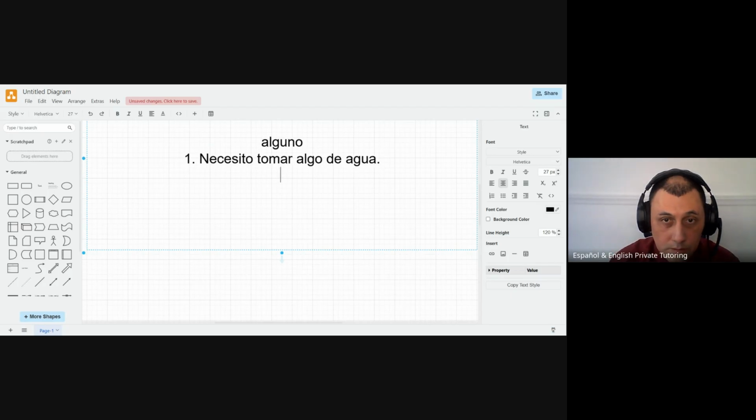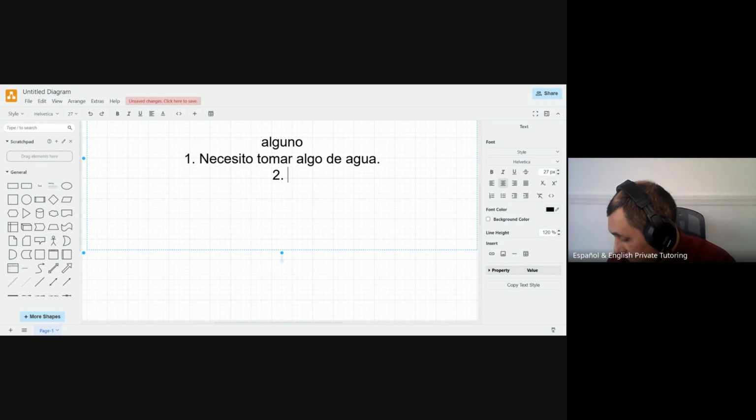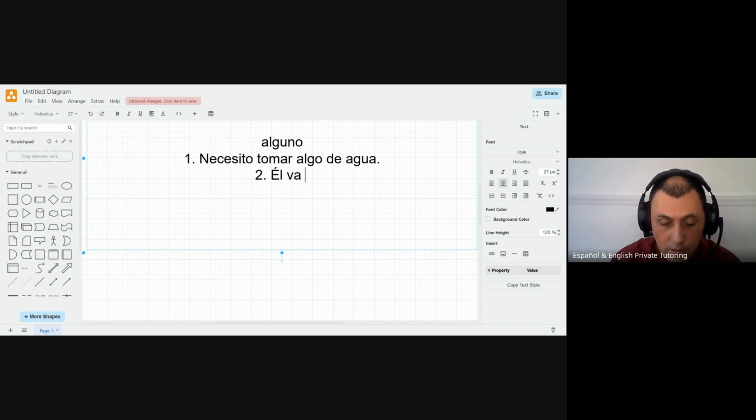The second sentence is this. Va a volver algún día.